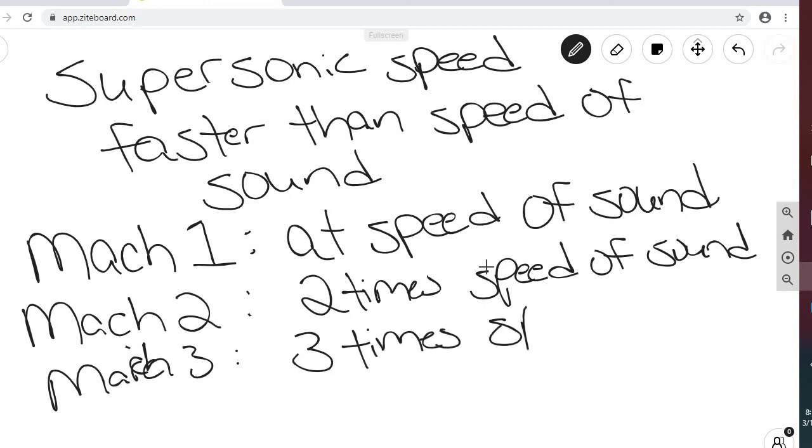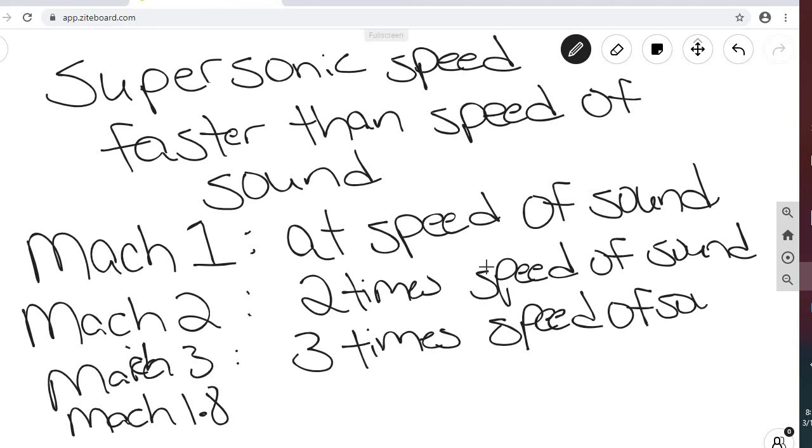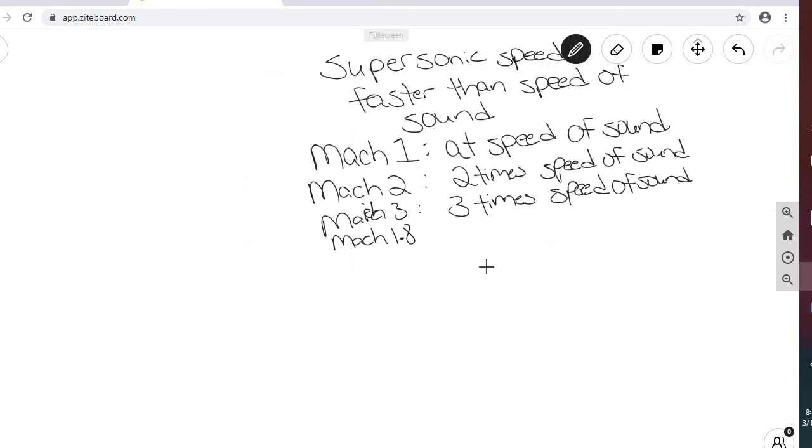And it doesn't have to be just whole numbers. You could say Mach 1.8, which means that it is traveling at 1.8 times the speed of sound. So that term Mach is used to compare the speed of an object to the speed of sound.